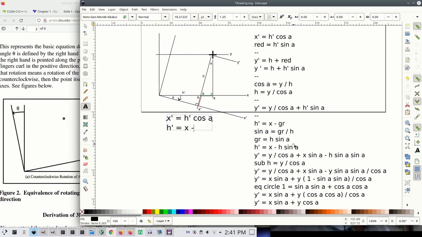So we'll sub this equation here. That's what we did last time. So we take that one, h sine a, and sub that in. X prime equals x cos a minus h sine a cos a.